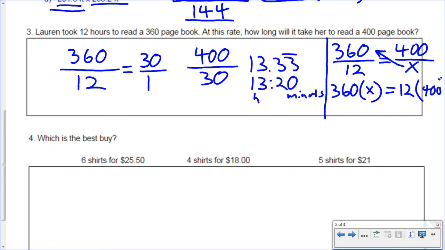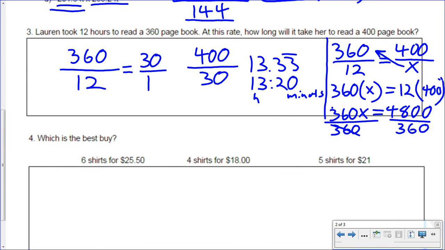Running out of room. Yeah, let's move that. So 360x equals, and what is 12 times 400? 12 times 400 is 4,800. If we want to isolate the variable, as in get the x by itself, we're going to divide both sides by 360.